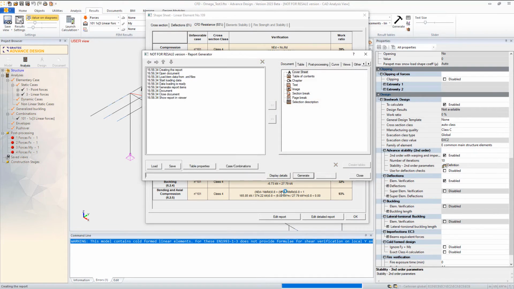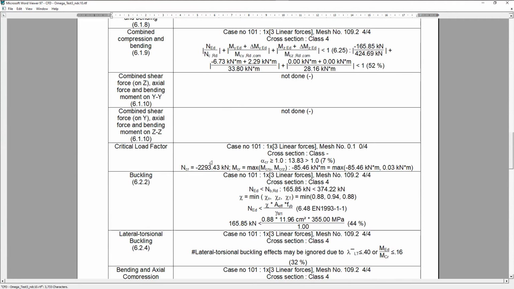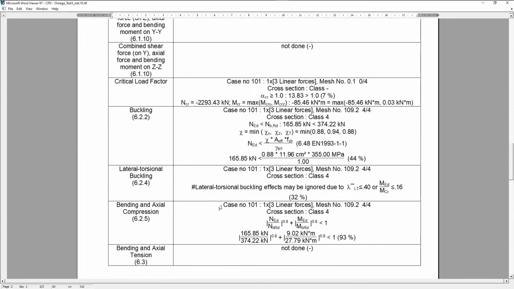We can get more information in the detailed version of the shape sheet, with here the critical check. So we get the formula and we get the article reference 625.